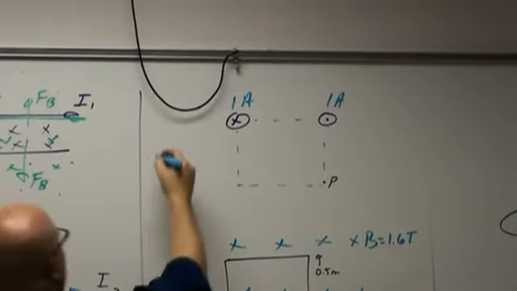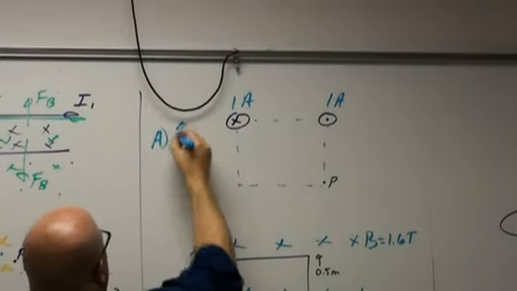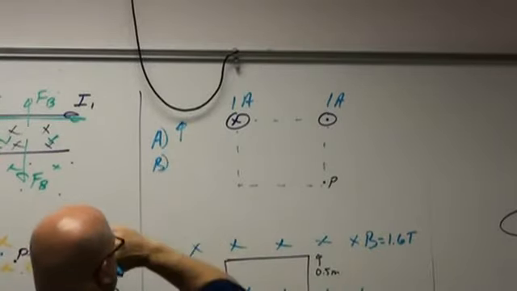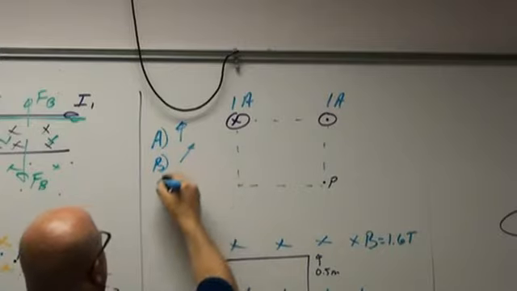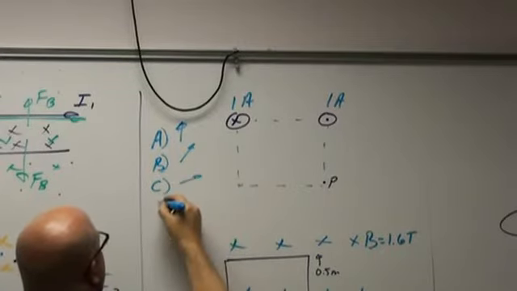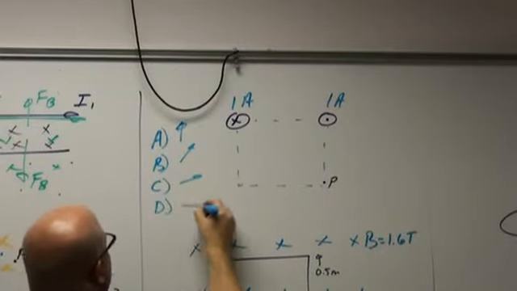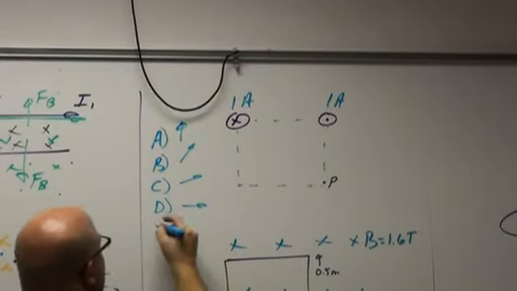I'll give you these options. Option A, the magnetic field is this way. Option B, this way. Option C, this way. Option D, this way. Uh-oh, I'm going to have lots of them.